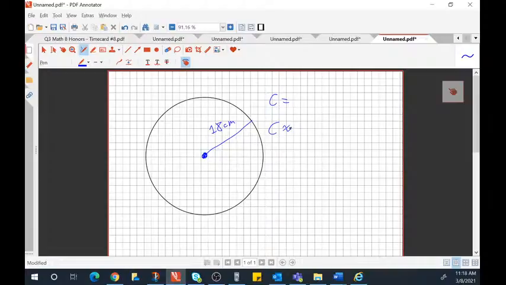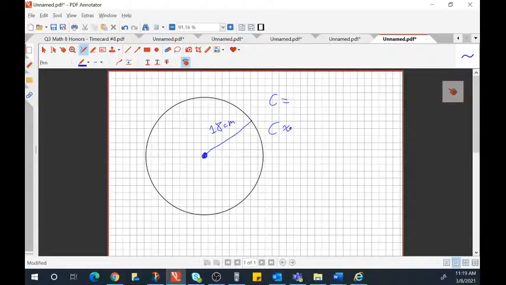Let me see if I can get a little bit of help on that. Mary, what am I going to do with the radius to get the circumference? Diameter?